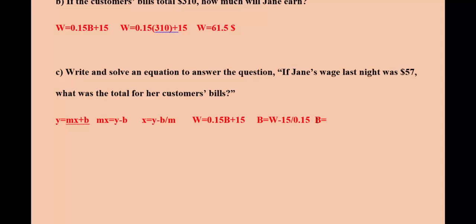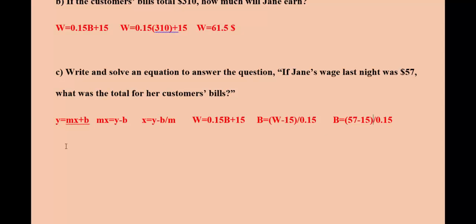The total bill was, she got 57 minus 15, divided by 0.15. If you put brackets here, that would make it easier to solve.